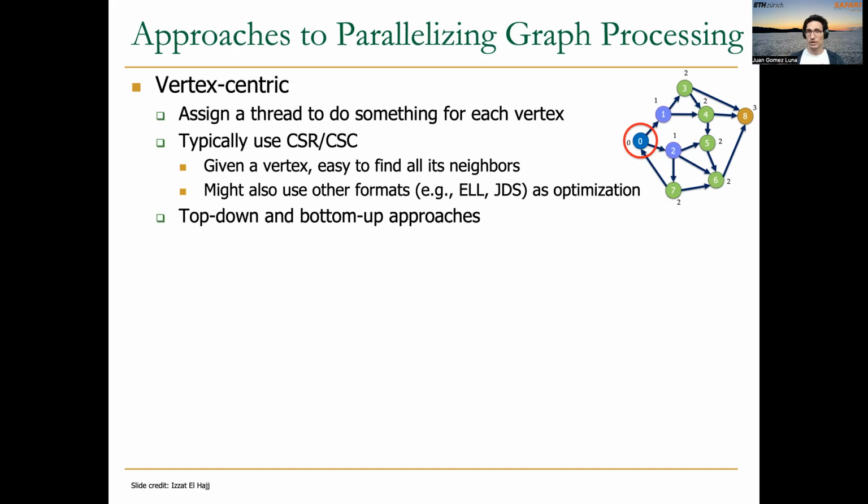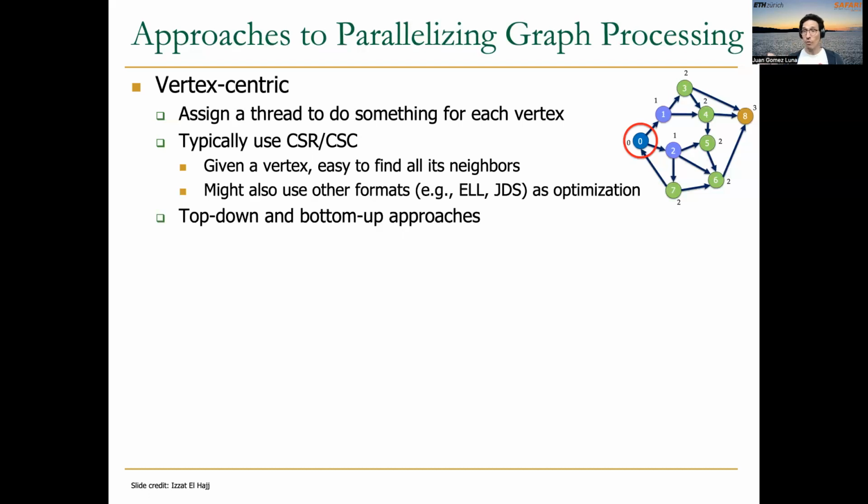For example, for vertex 0, the 2 neighbors are vertices 1 and 2. So we will put these 2 in a queue, and we will process them in the next iteration. They will be in our input queue for the next iteration, where we are going to discover the neighbors of these 2. This top-down approach is the one that we are going to explain in more detail in this lecture in the later slides.